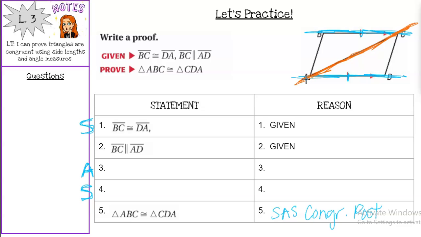So we know that this angle would be congruent to this angle, and this angle would be congruent to this angle, because we have alternate interior angles. So what we need to do is figure out which angle pair is going to be helpful for us with side-angle-side.